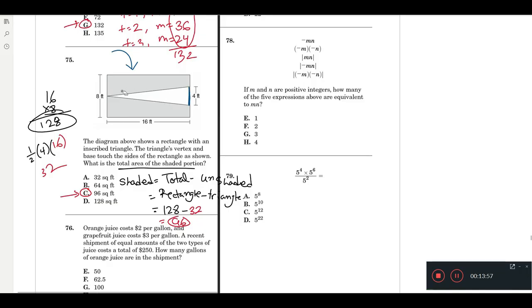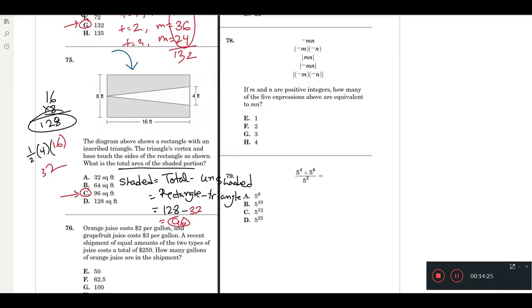Now we want to take out this triangular part of it. How do you find the area of a triangle? Base times height divided by 2. So what is the base? 4, and the height 16. We do 4 times 16 divided by 2. That gives us 32. And we just subtract it from the rectangle.